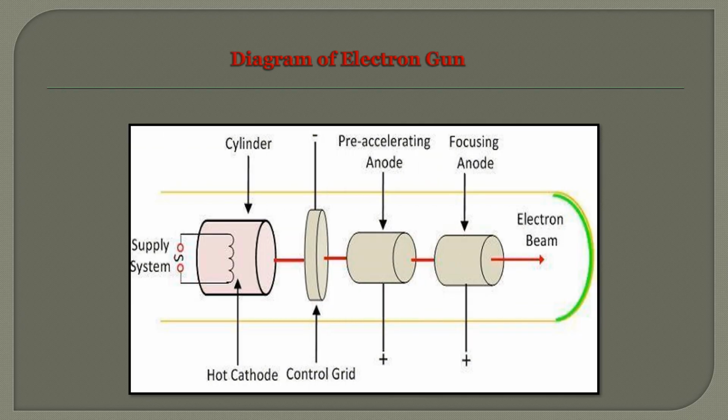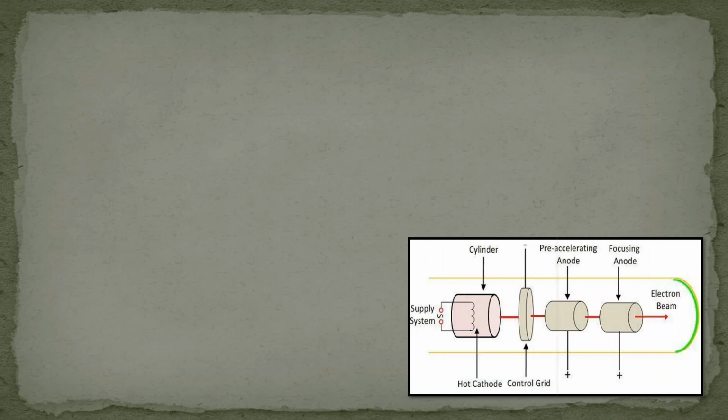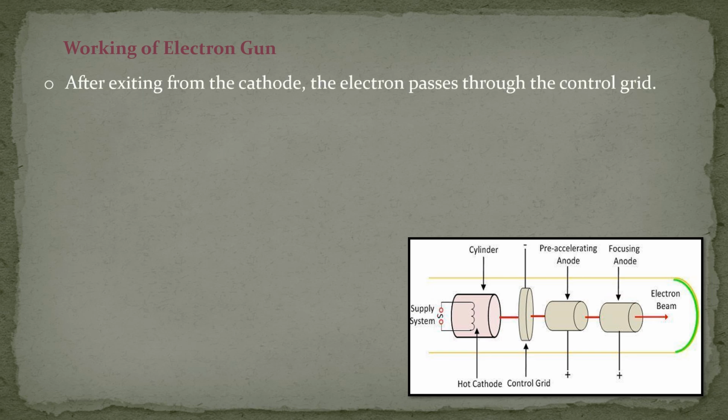Diagram of electron gun. The main parts of the electron gun are heater, cathode, control grid, pre-accelerating anode, focusing anode and accelerating anode. Working of electron gun. After being emitted from the cathode, the electrons pass through the control grid.